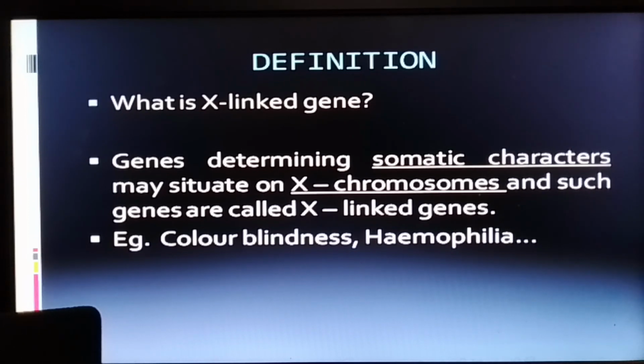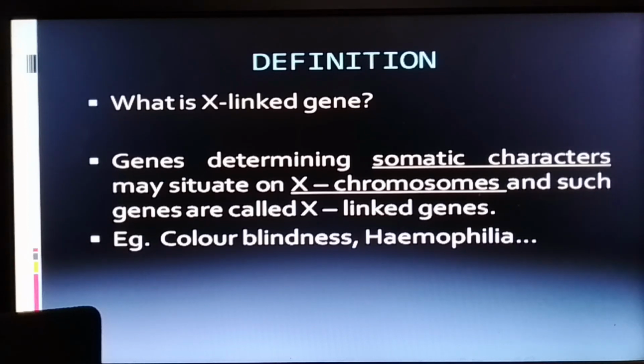Now, some of the characters which are purely somatic, in the sense common for both male and female, may not differ much in their expression according to the gender, that is either male or female.